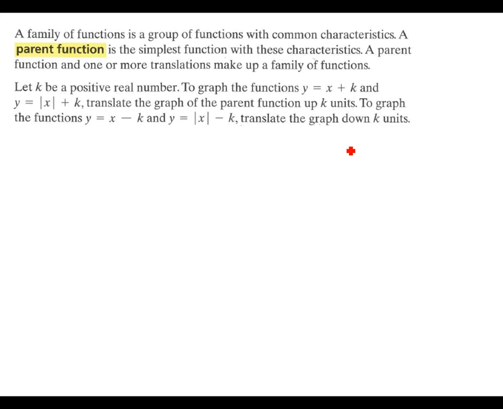All right, so now let's move on to this concept of parent function. So a parent function, a family of functions, is a group of functions with common characteristics. So the parent function is the starting point, y equals x, right? And then we've got this family where it's always x, but we could do plus 1, or we could do 2x, right? We're just changing x around.